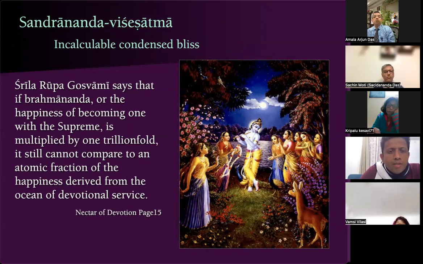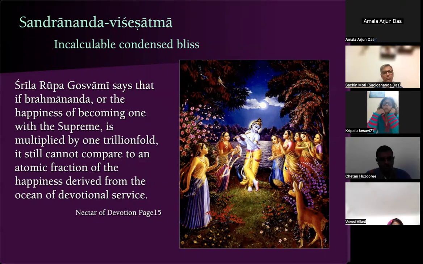Srila Rupa Goswami says that if Brahmananda, or the happiness of becoming one with the Supreme, is multiplied by 1 trillion fold, it still cannot compare to an atomic fraction of the happiness derived from the ocean of devotional service. See, there are different levels of Ananda.